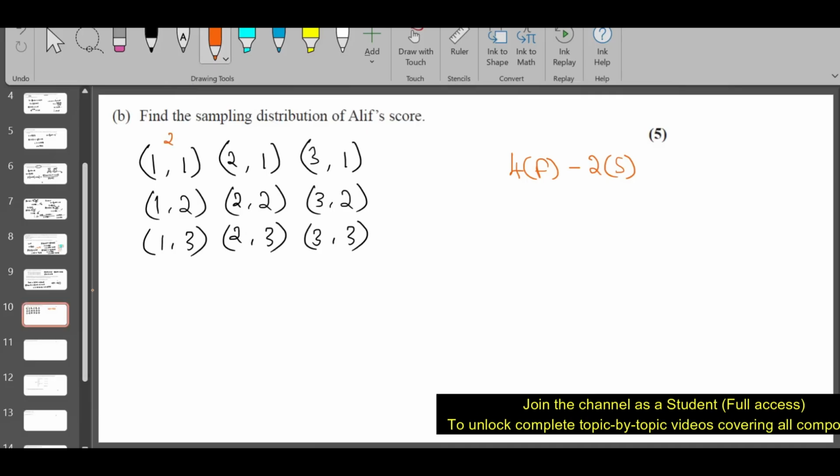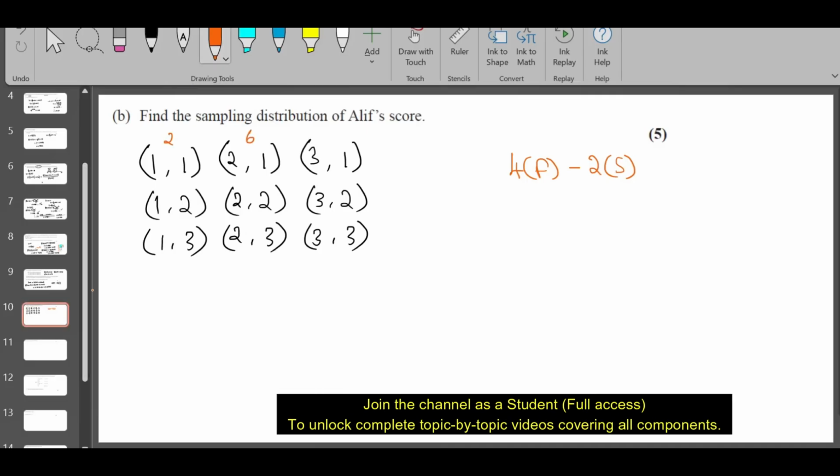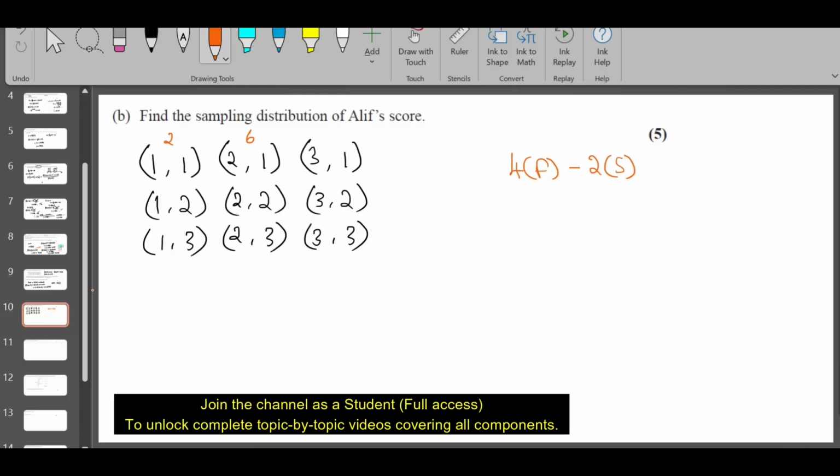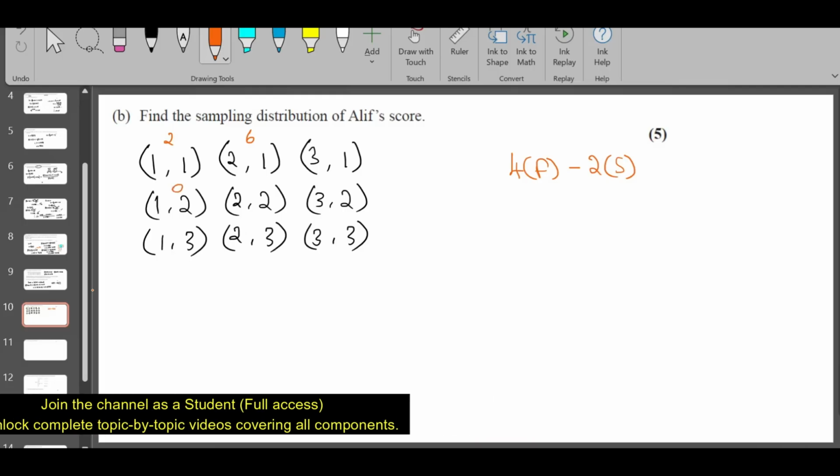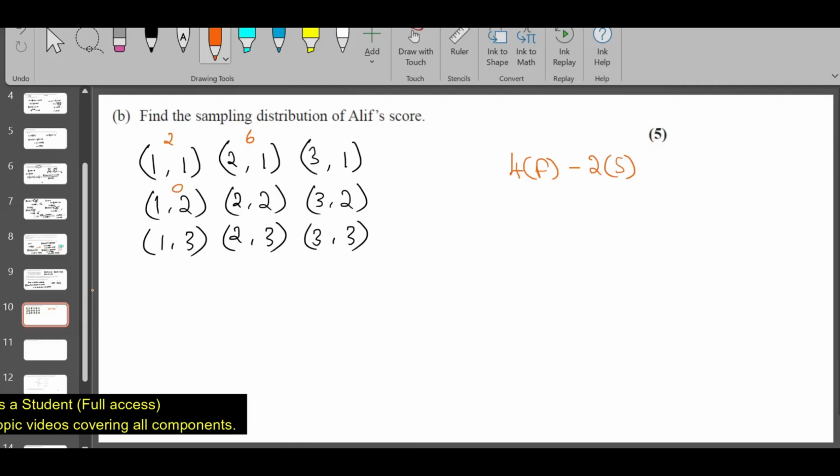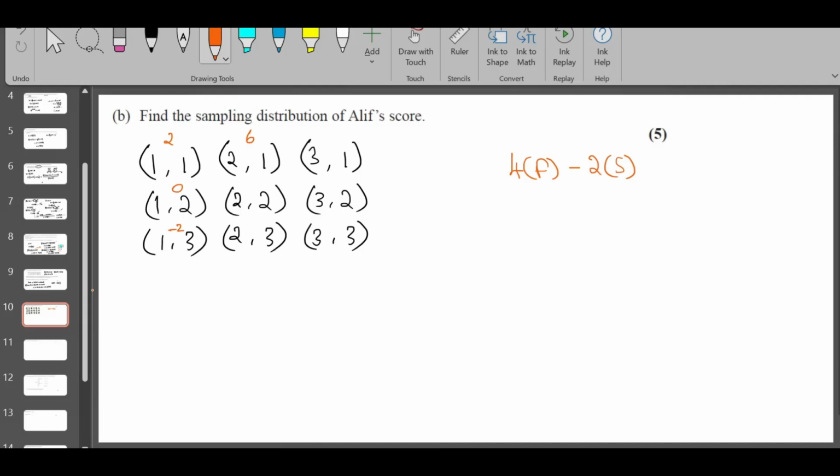Here 4 times 2, 8 minus 2, 6. 4 minus 4, you will get 0. 4 minus 6, you will get minus 2. 4 times 2, 8 minus 4, you will get 4 here. 8 minus 6, you will get 2, right? 3, 1: 12 minus 2, 10. Hope you understand what I'm doing.